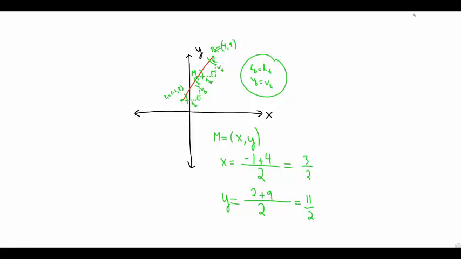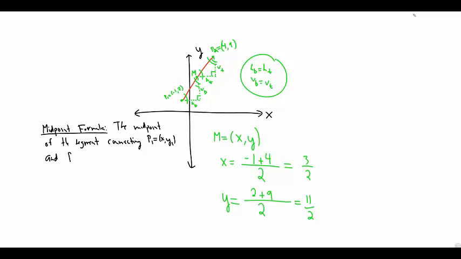So in general, here's the midpoint formula. So now we use points with unknown coordinates, P1 and P2.